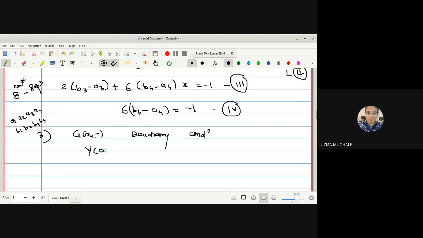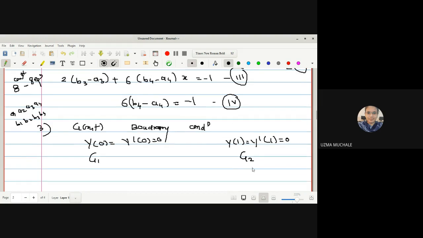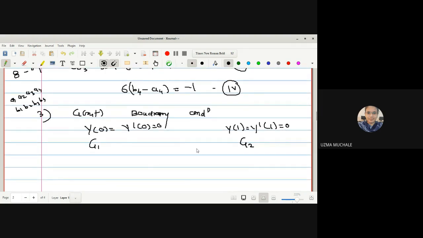What are the conditions? y of 0 is equal to y dash of 0 is equal to 0. And in another one, y of 1 is equal to y dash of 1 is equal to 0. So this condition will be true for g1 and this is for g2. So we can write this as g1 of 0,t is equal to 0, wherever you have x, you have to put it as 0.